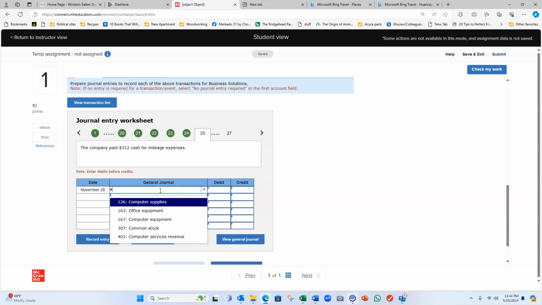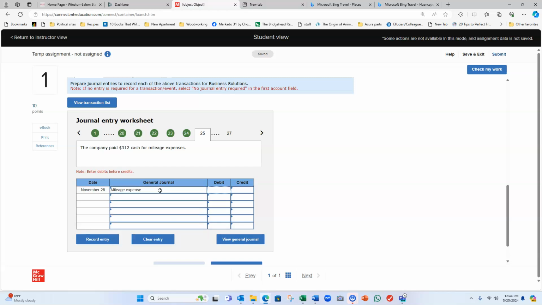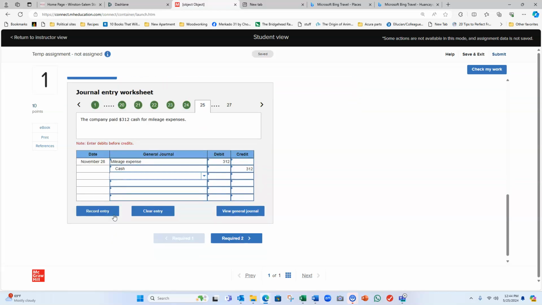Mileage expenses again. Debit the expense, credit cash. Paid for Lynn Addy's wages, so wages. Getting close.